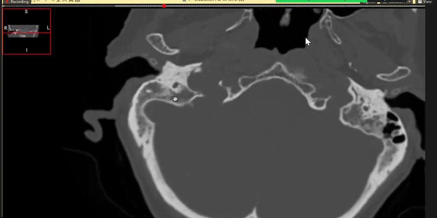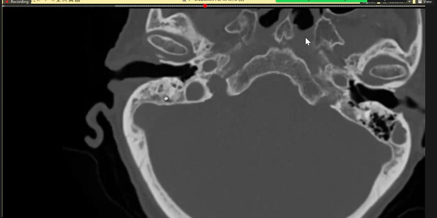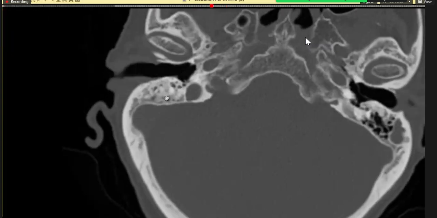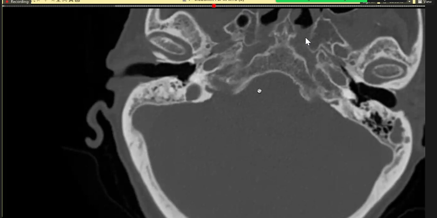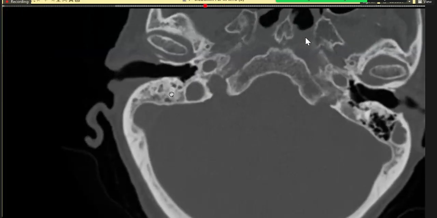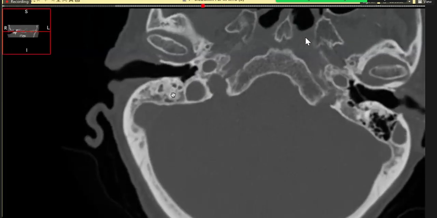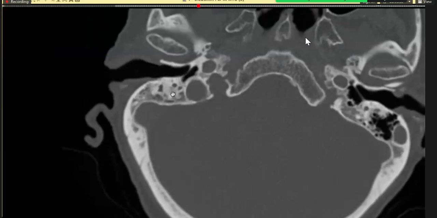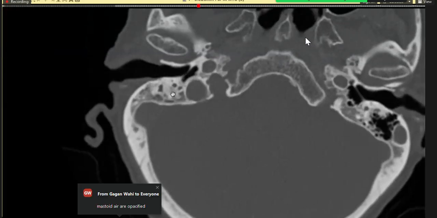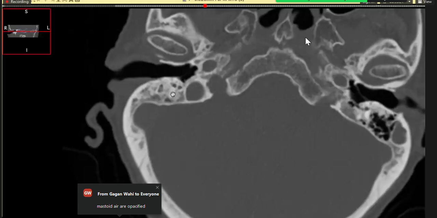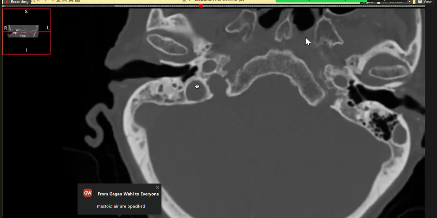So, sir, you used the word destruction. So where is the destruction? Sir, this loss of aeration pattern, and sir, there is opacification. I think I overcalled it as destruction. Correct that? Yes, sir. I overcalled the word destruction. So there is loss of aeration and opacification.